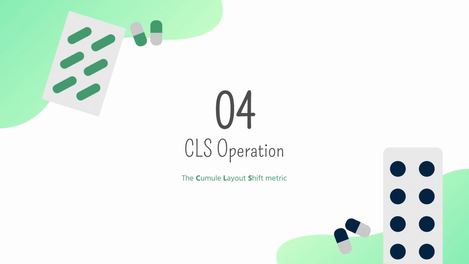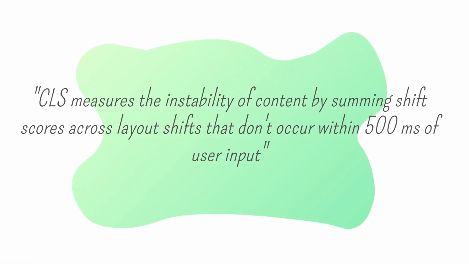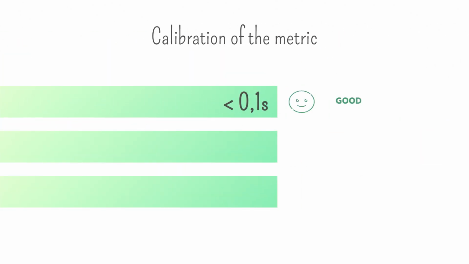So the cumulative layout shift metric. CLS measures the instability of content by summing shift scores across layout shifts that don't occur within 500 milliseconds of user input. I know this definition is quite complicated, but in other words, it's when your page is done and something pops on the screen, you lose your reading focus, you scroll, and say, oh, I was here.